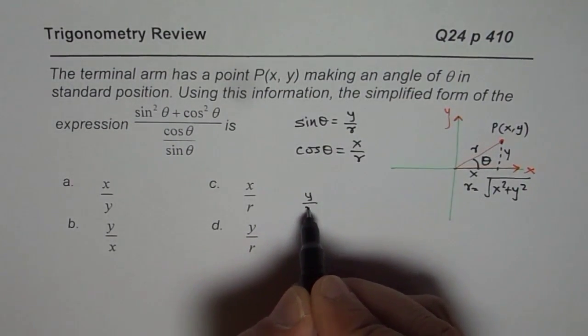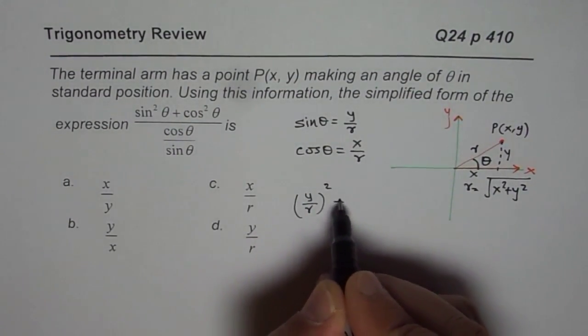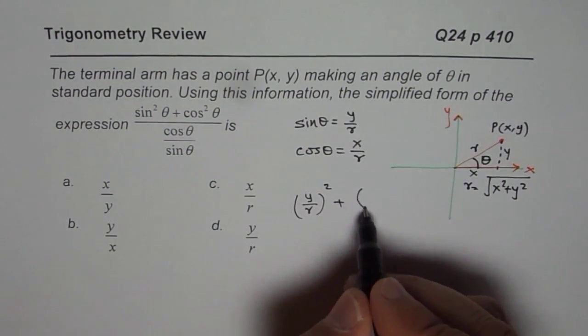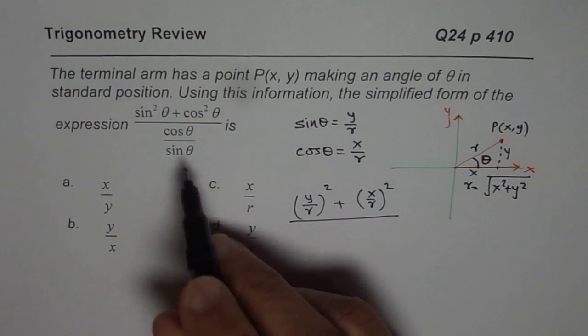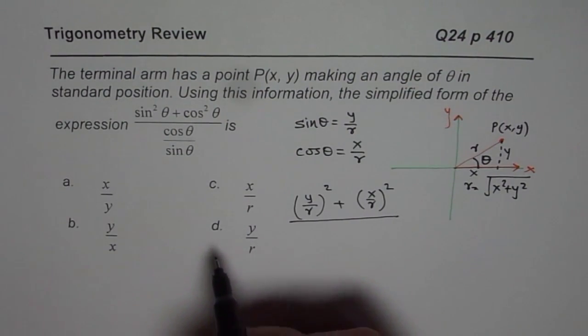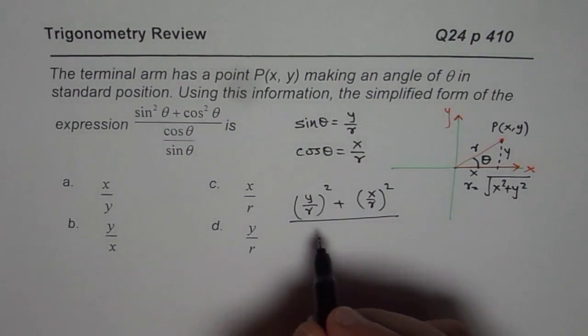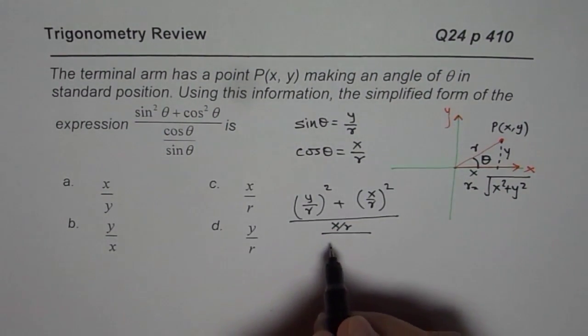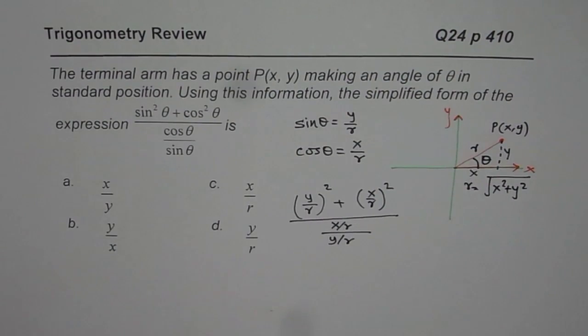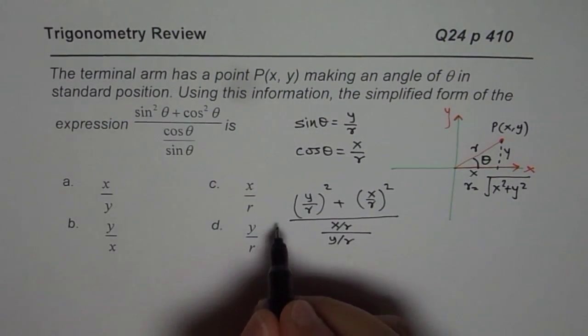So we get (y over r) whole square plus (x over r) whole square, divided by cos theta, which is x over r, divided by sine theta, which is y over r, correct? So that is what we get for the given expression.